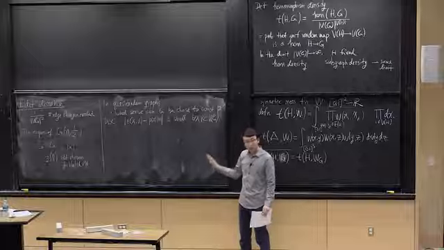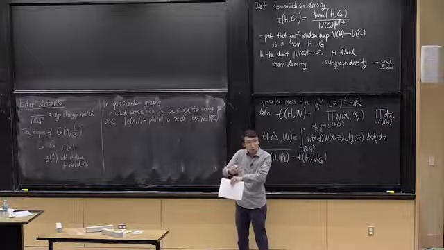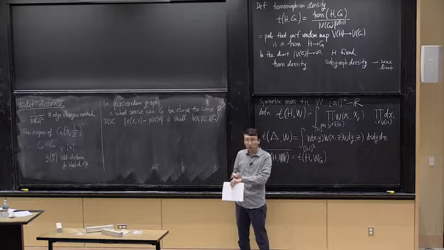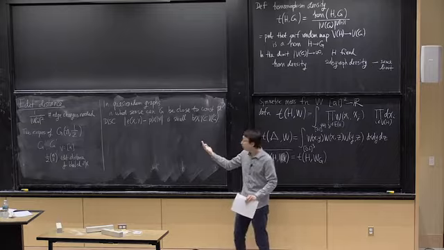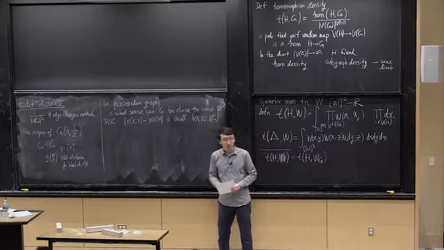This is the kind of definition that we would like to use to describe when two graphs are similar to each other, when they are close in this discrepancy sense.